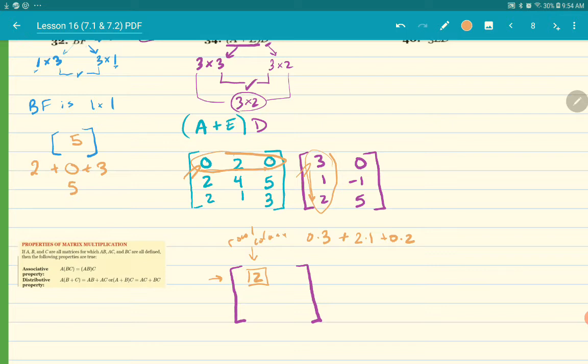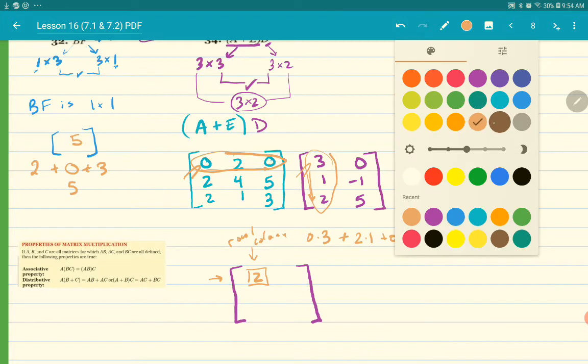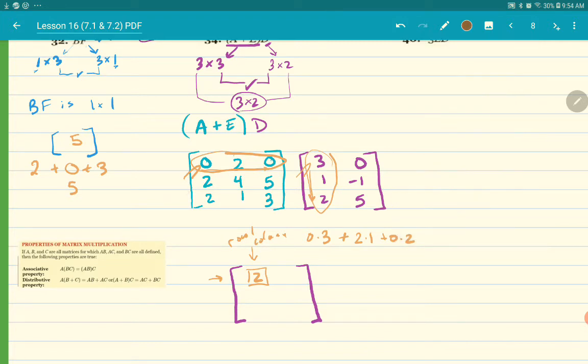Okay? And then I'm going to repeat that process for the next spot. So I use my finger again, and I'll point. Now, this one's going to be still row 1, but this time column 2. So I'm going to erase that old one.